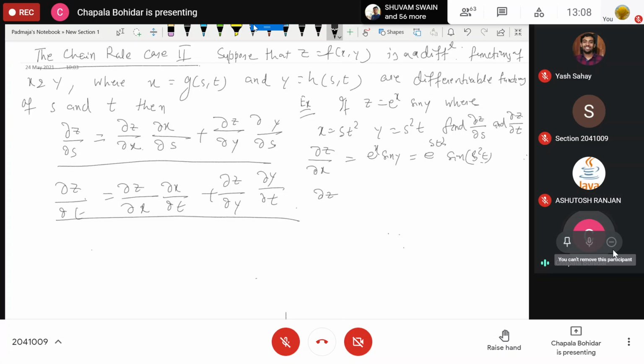Del z by del y is equal to e to the power x cos y, which is e to the power s t square cos s square t.